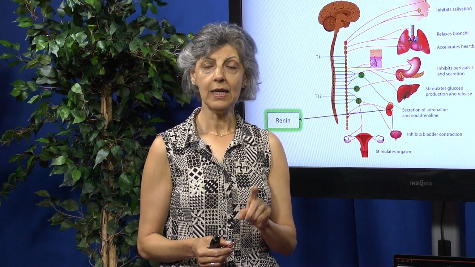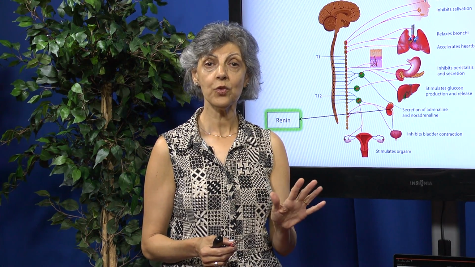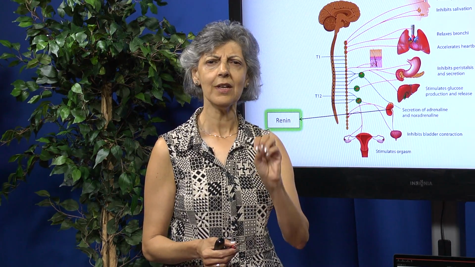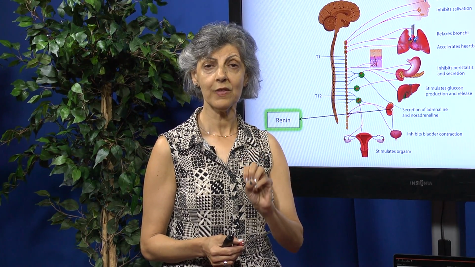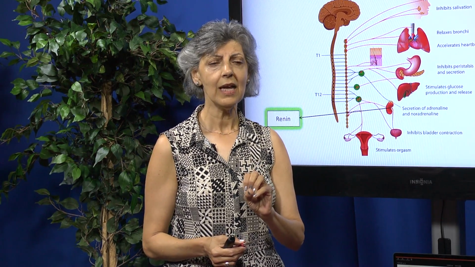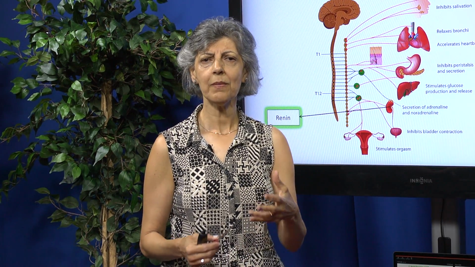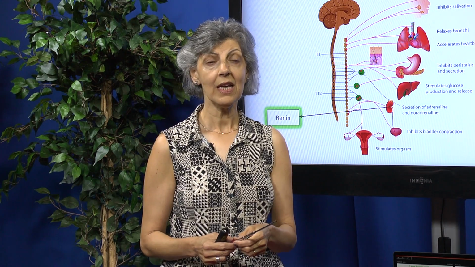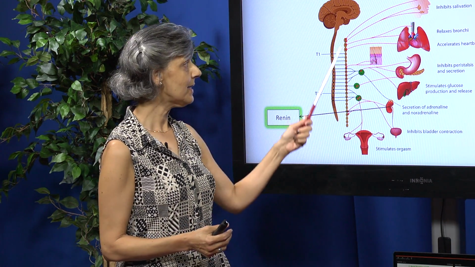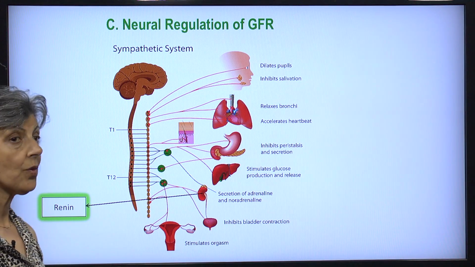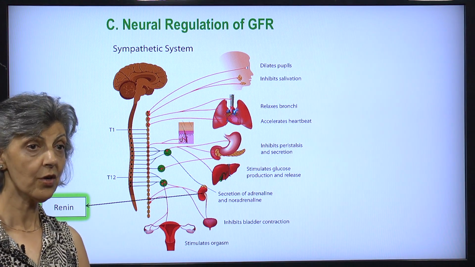However, a very different situation, emergency situations where there is severe and very strong stimulation of the sympathetic nervous system. If there is severe blood loss, hemorrhage, if there is severe dehydration, the sympathetic stimulation to the kidney is going to be much stronger. The level of renin is going to be more.